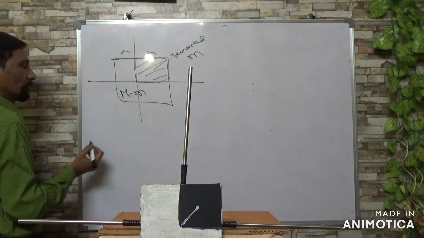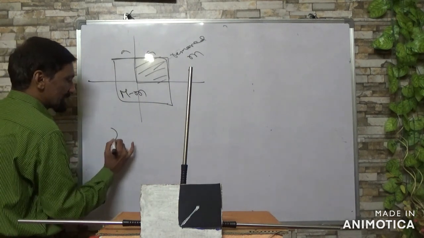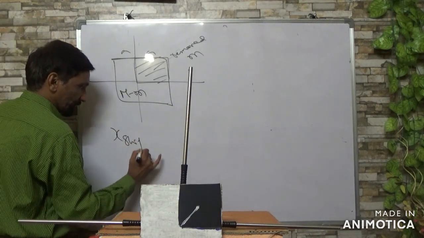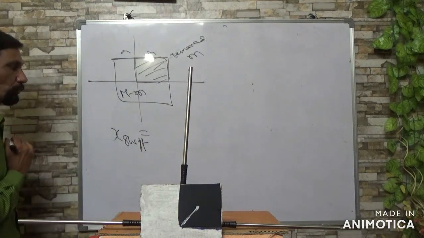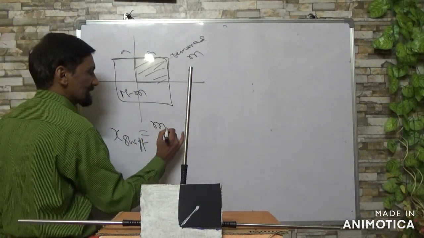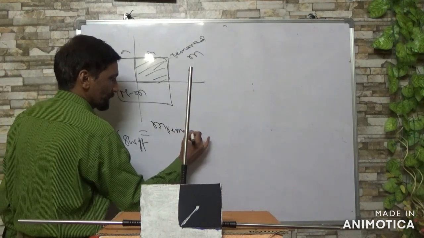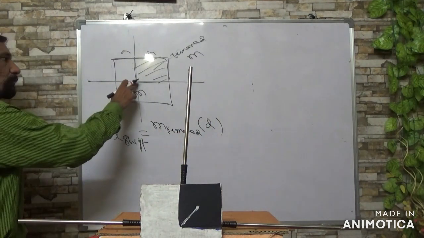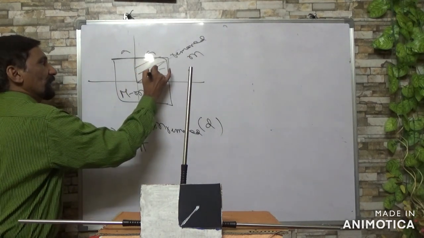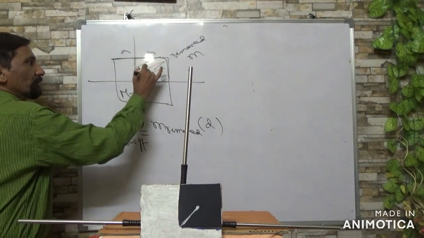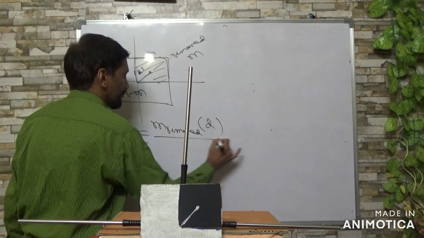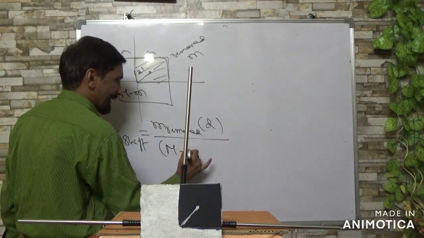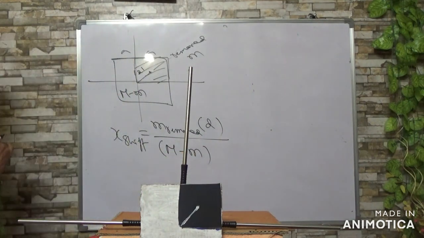So x shift is always equal to mass removed, into distance, meaning center of the body to center of the cut one, by the remaining mass, capital M minus small m.